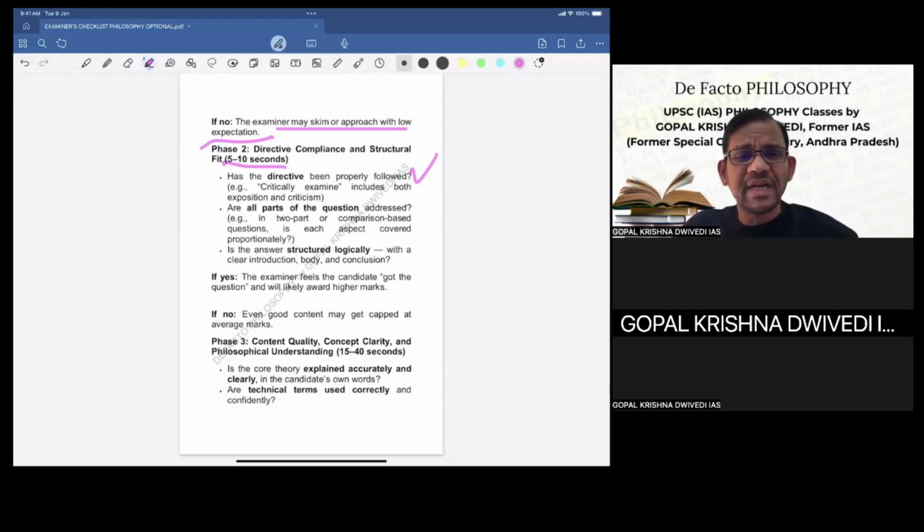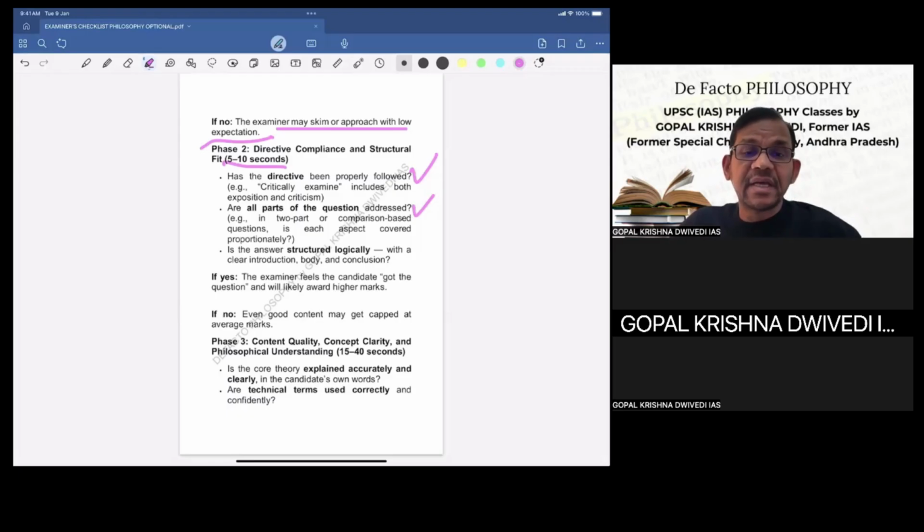So the first point is, has the directive been properly followed? Then second, are all parts of the question addressed? Because if there are 2 parts, then both parts should be addressed. If there are 3, in some questions, particularly 300 word questions, then all 3 parts should be answered properly. It's not that you answer only 1 or 2, because for the part which you have not answered, you are missing those marks, you will not get anything.